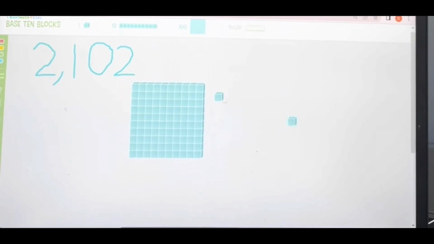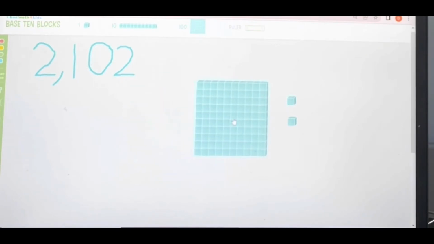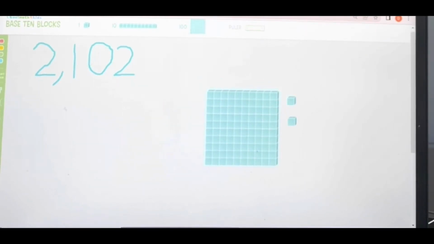Move these over to make sure that we have plenty of space here. Now we don't have any thousands blocks, but 10 hundreds blocks is equal to a 1,000 block, so I'm going to just take out 10 hundreds blocks and group those together.